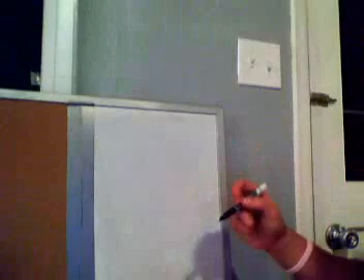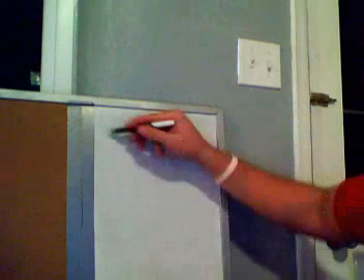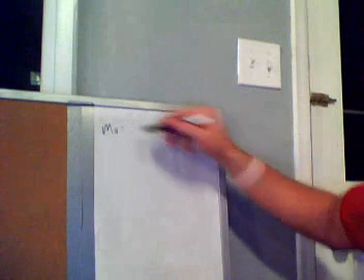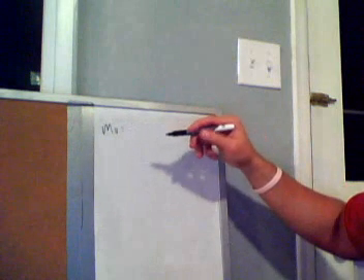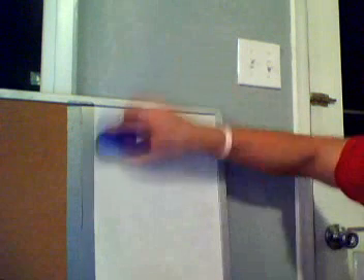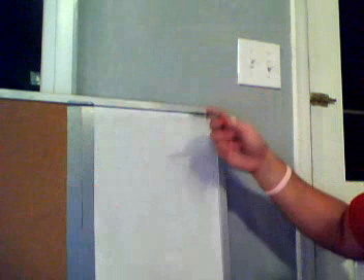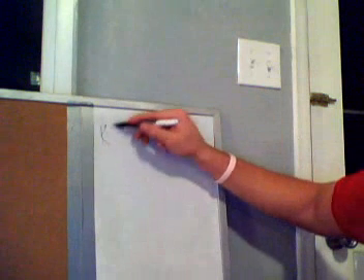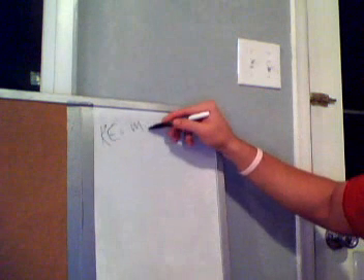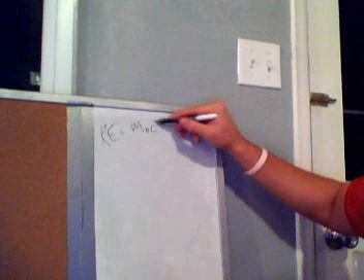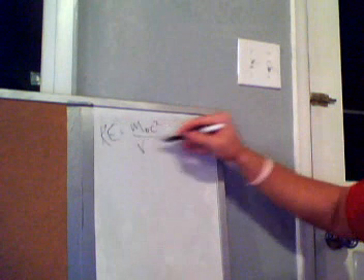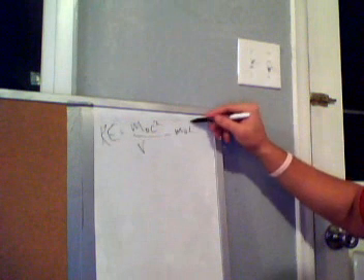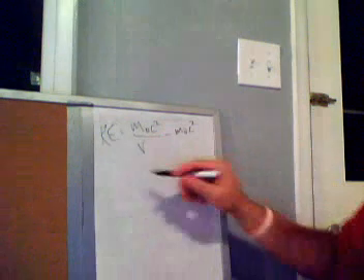Instead he showed that for a particle with rest mass m0 moving at speed v, the kinetic energy equals gamma m0 c squared minus m0 c squared. I only have 10 minutes, so I'm going to go real fast through this.